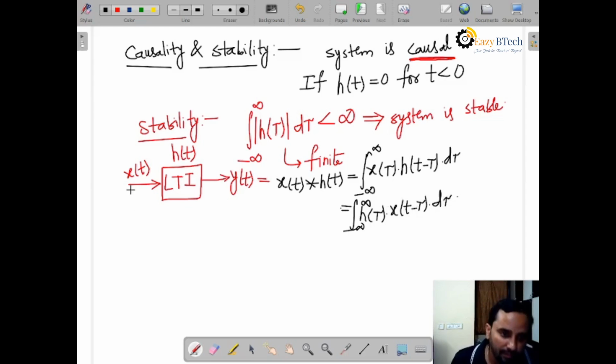Now if the input is a bounded input, then the output obtained, y of t, is also a bounded output.